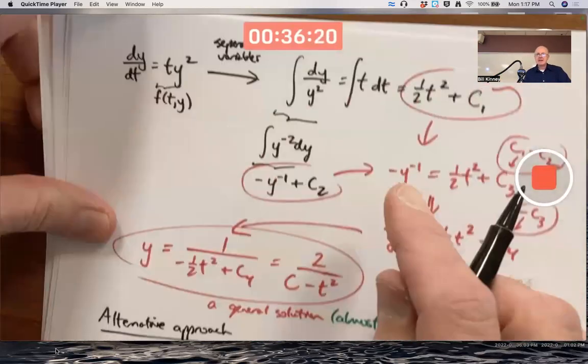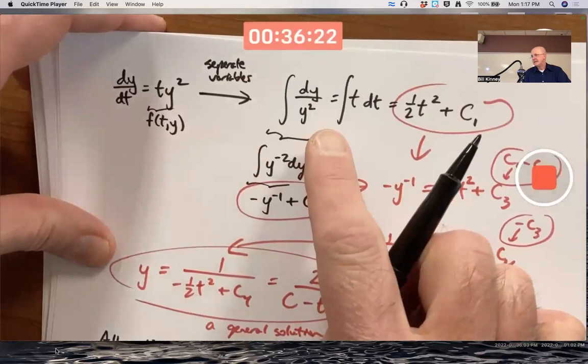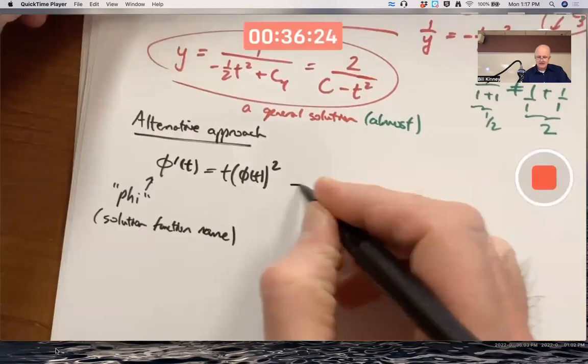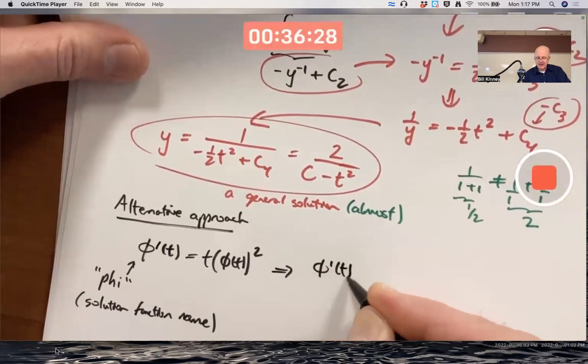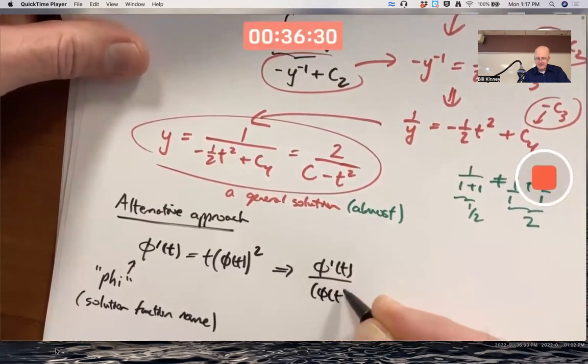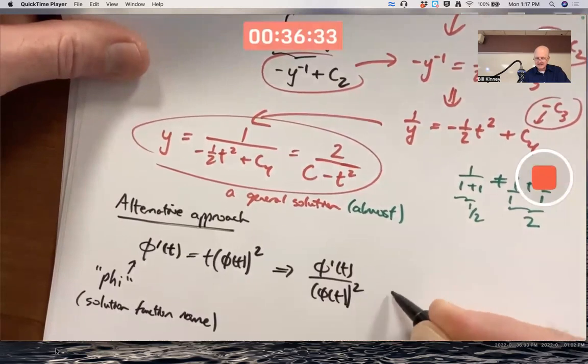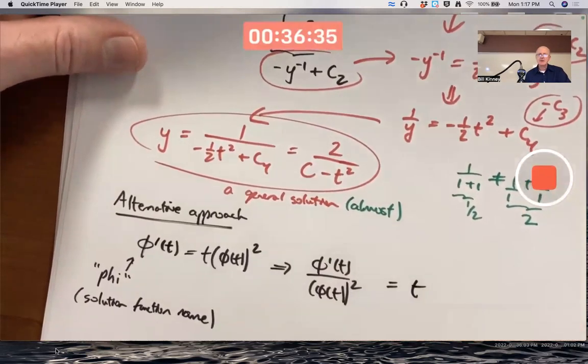So how do I solve it? Effectively do the same thing I did up here, except don't write dy's or dt's. Divide both sides by the function squared. Rewrite the differential equation like that.